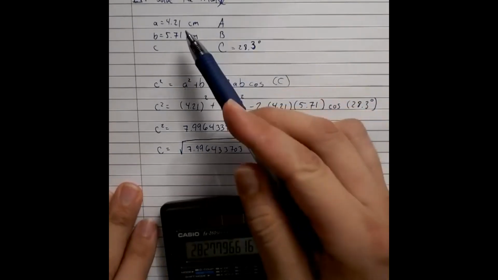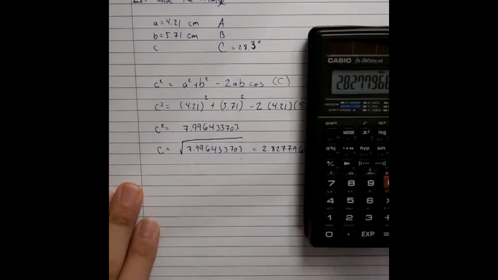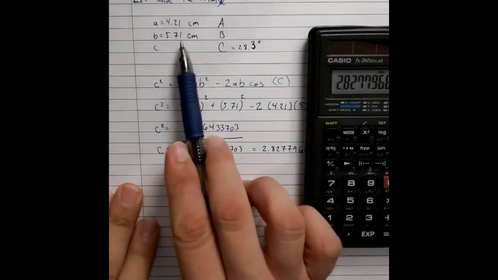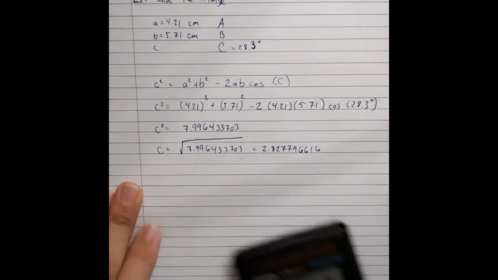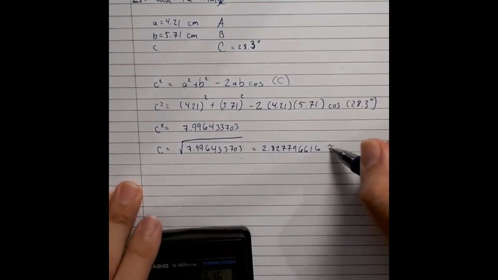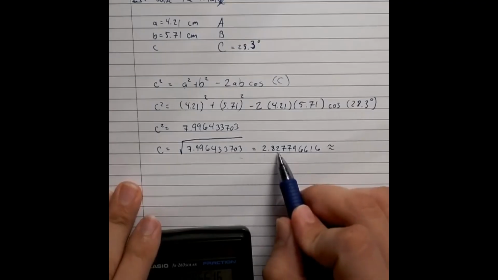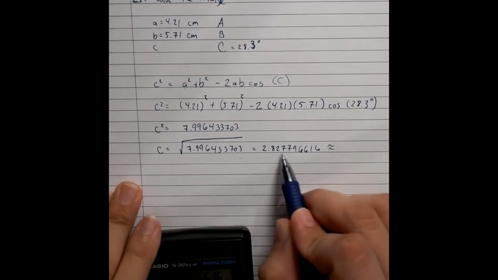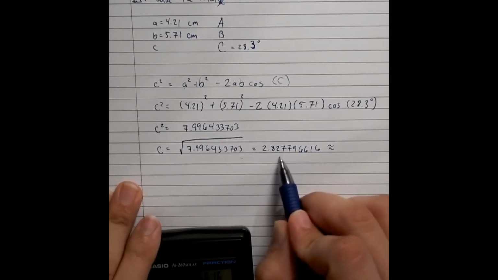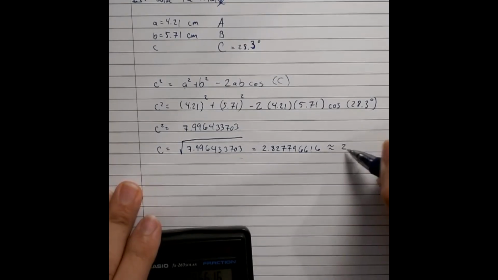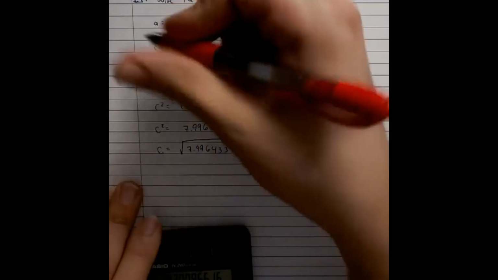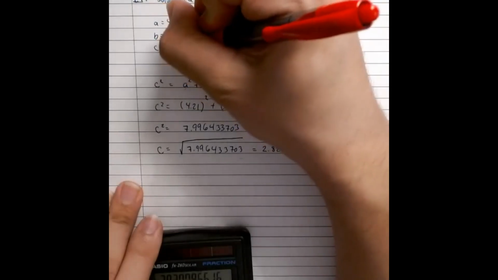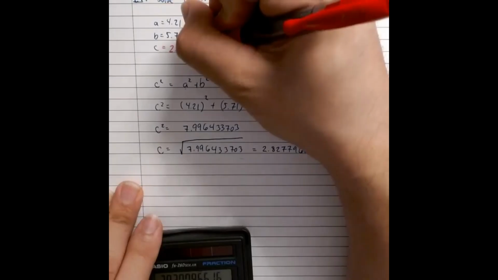But notice that all of your levels of accuracy here are only to 2 decimal places, so we're unjustified in saying it goes out that far. So let's round it to the hundredths. Since that number is 5 or more, this will round up. So 2.83. Right here, the side length C is 2.83 centimeters.